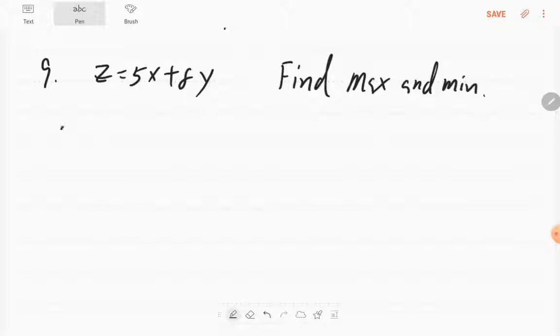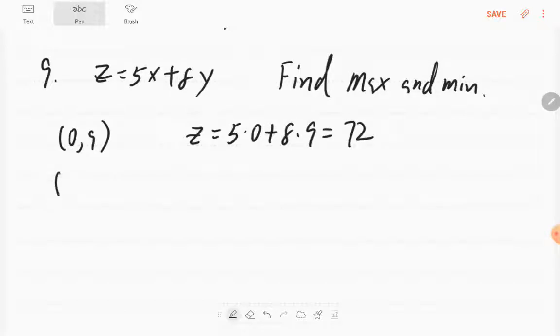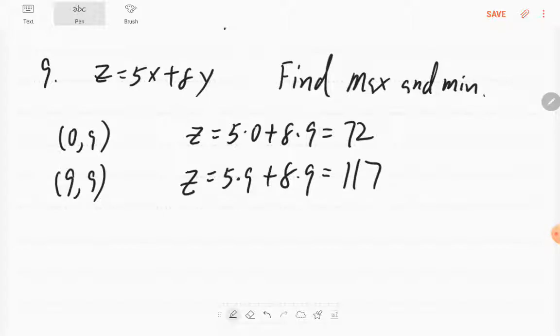So the first corner is 0, 9. So z is equal to 5 times 0 plus 8 times 9. So this is 72. The second corner is 9, 9. And so z equals 5 times 9 plus 8 times 9. So this would be 117.